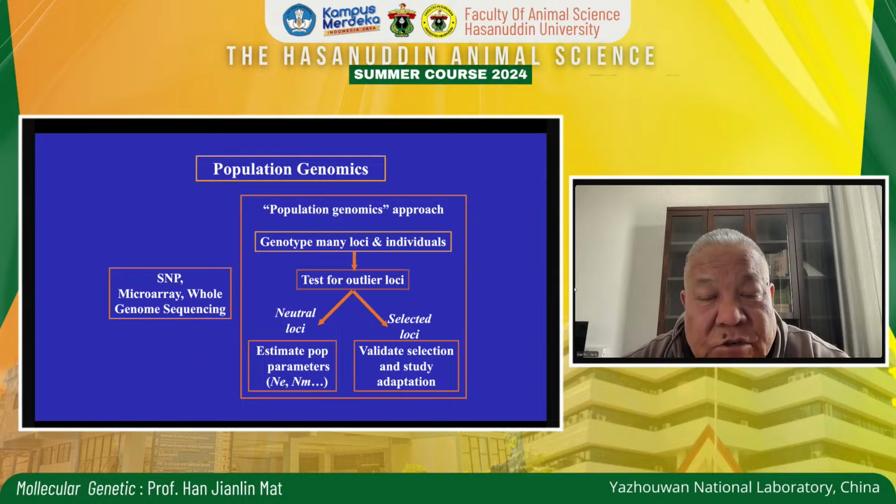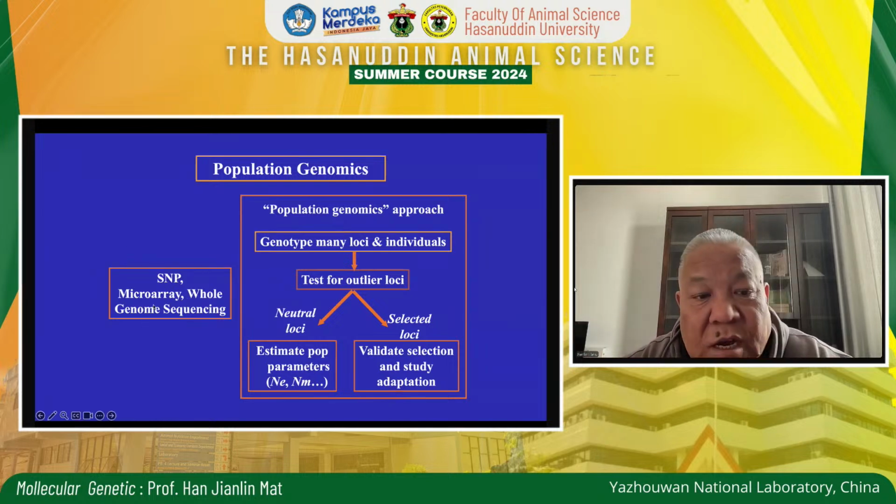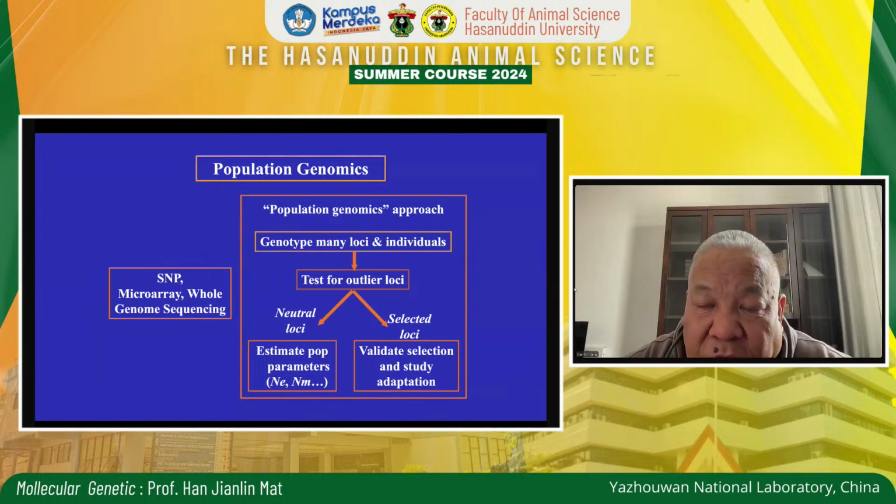So we know today we have modern tools to quantify the genetic diversity at the DNA level. We can examine the DNA polymorphism, the DNA mutation, DNA variation, using genomic tools, including microarrays, whole genome sequencing, which have become more affordable for us to do research.